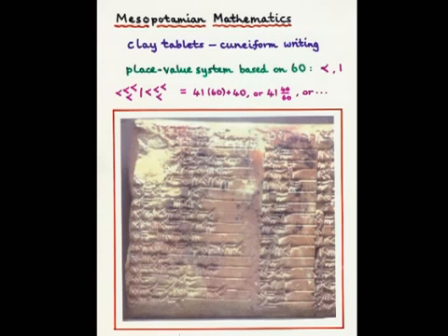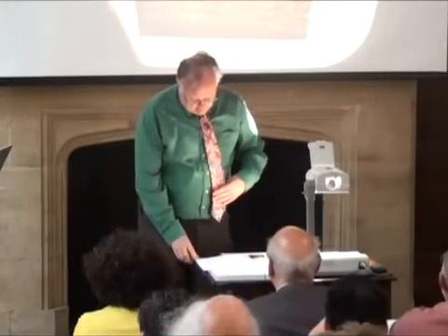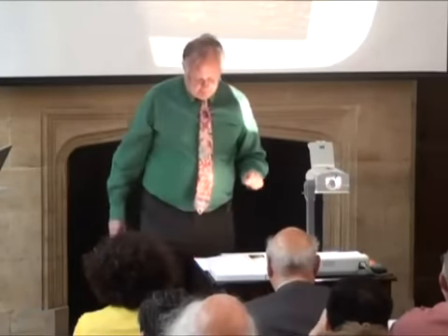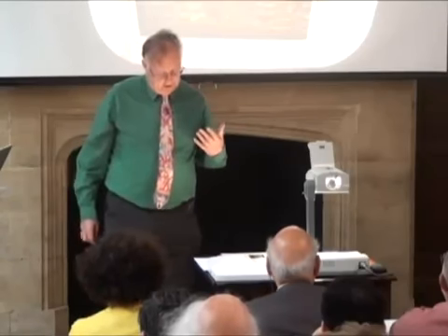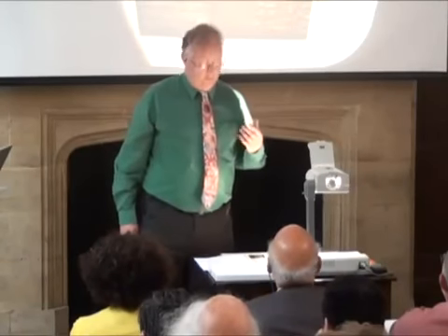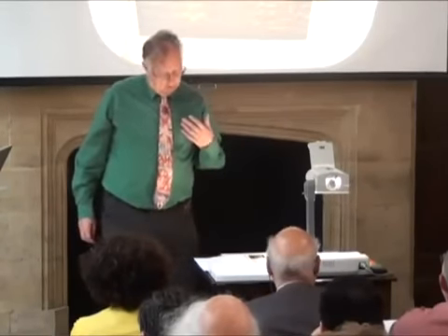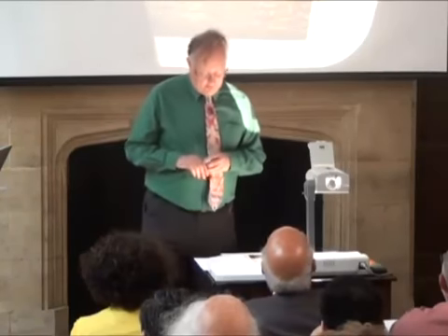But the problem is you have to look at these things from the context, because this can be broken up in different ways. It might be a 60th of this, or it might be 60 times this, or whatever. So the same succession of symbols might refer to, for example, 60 plus 2, or 60 squared plus 2 times 60, or 1 plus 2 60ths, depending on the context.